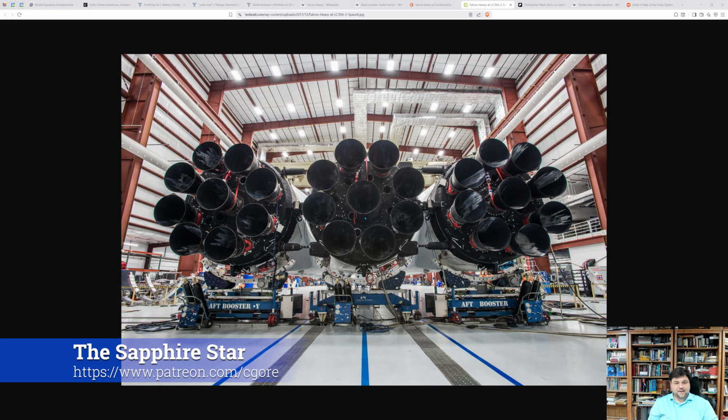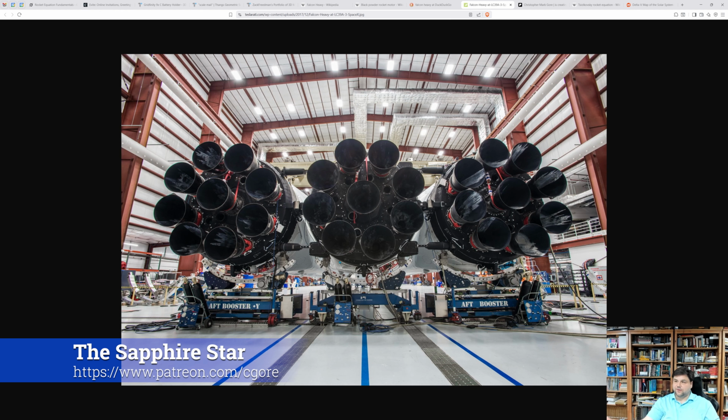But instead of an actual real Falcon Heavy, let's calculate carrying that much mass to Mars using only one Merlin engine. What the Falcon Heavy actually has is 3 booster stages, each with 9 Merlins, so 27 Merlin engines. That's each one of these bells. Let's figure out what just one of those could do.